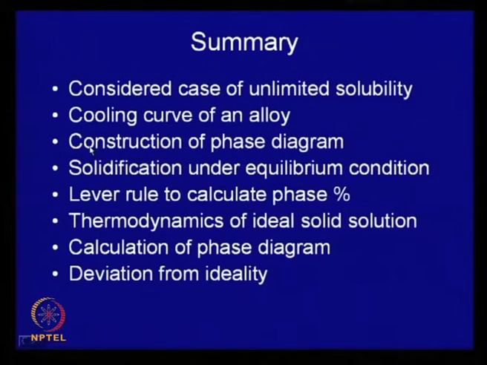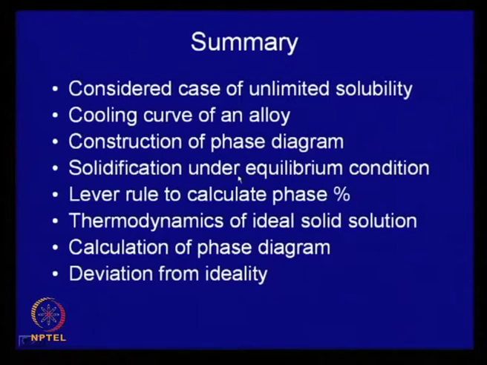We also looked at how the phase diagram can be constructed from this cooling curve, and this phase diagram tells us how solidification proceeds when thermodynamic equilibrium is maintained at every step.